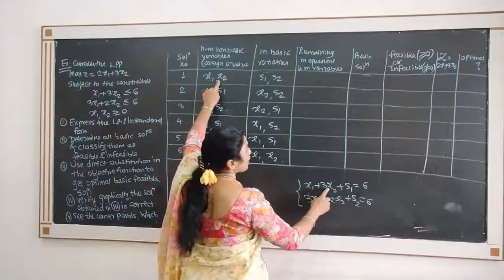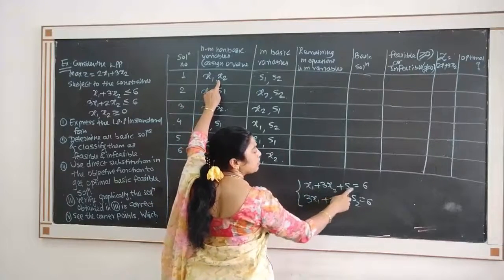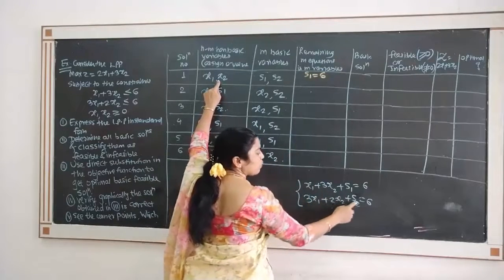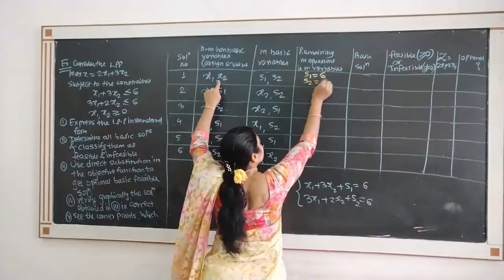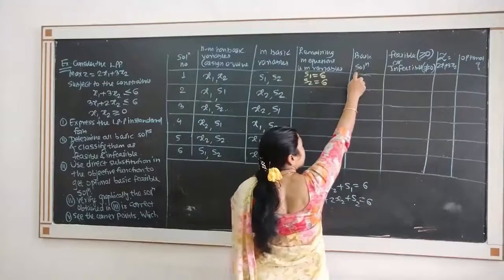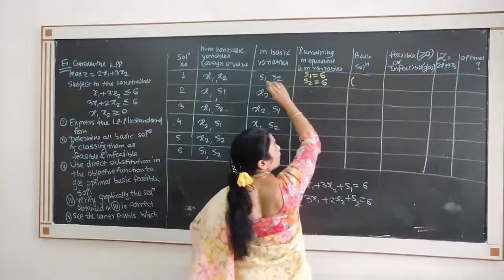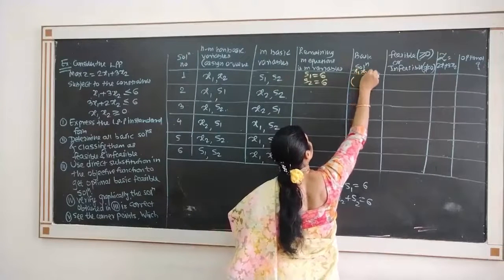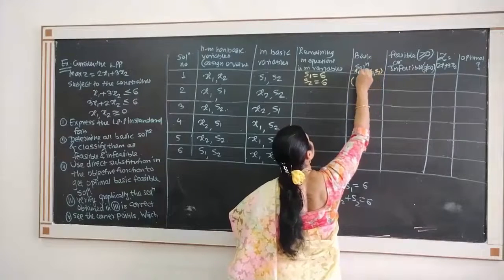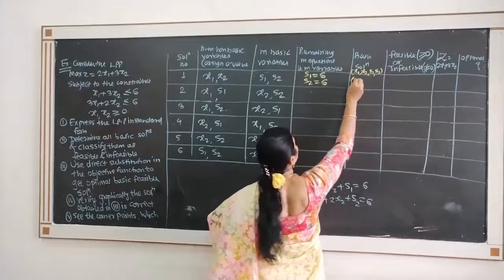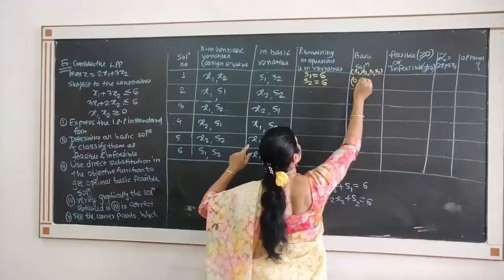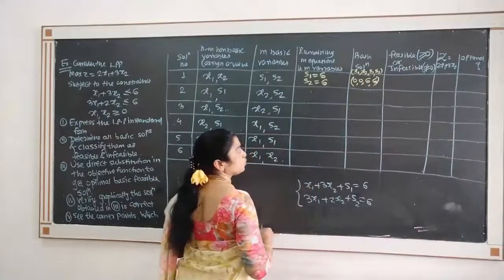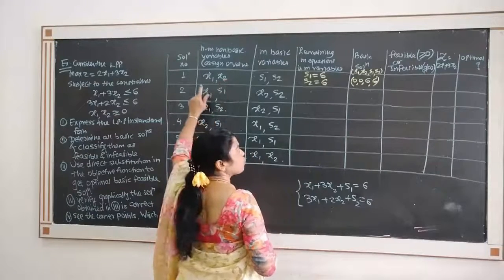Then s1 is equal to 6 and s2 is equal to 6. So the basic solution, that is the values of x1, x2, s1, s2, is x1, x2 equal to 0, 0 and s1, s2 equal to 6, 6. This is the basic solution if I get all 4 values of the variables.